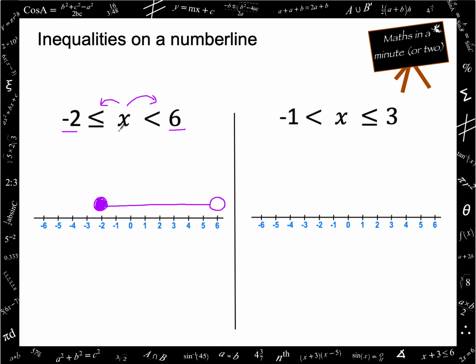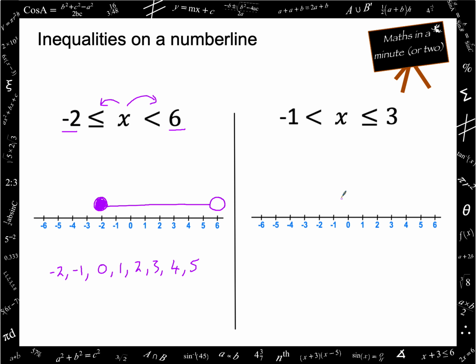So this means all the numbers between -2, including -2, up to but not including 6. If you were to list all the integer values, integers meaning whole numbers, they would be -2, -1, 0, 1, 2, 3, 4 and 5, but not 6.